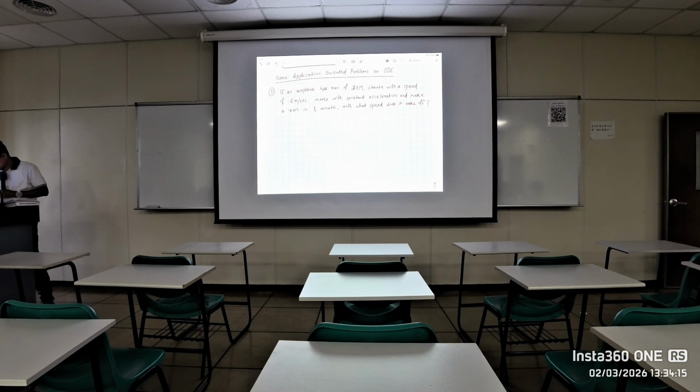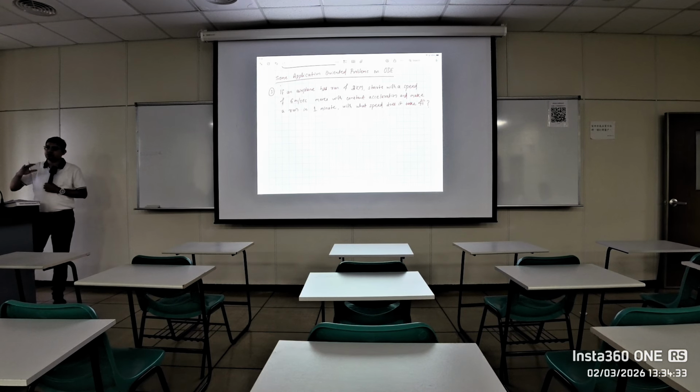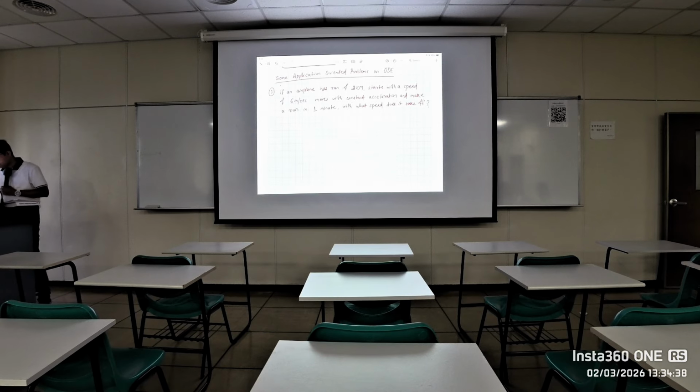Okay, so we are discussing an application-oriented problem. I believe most of you have some experience of how an airplane takes off. It will just run on the runway, then at a particular speed it will take off. Right?